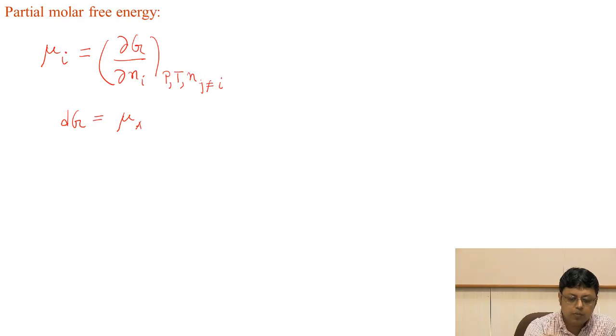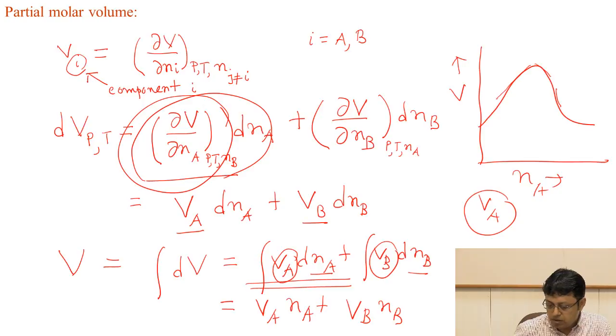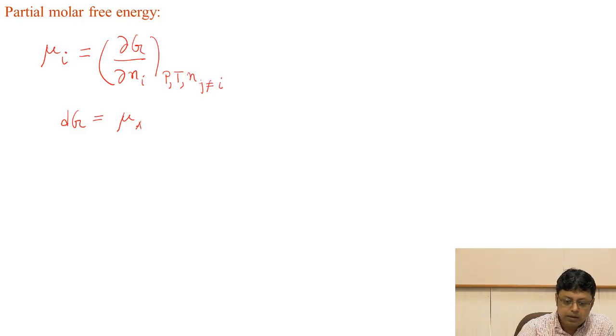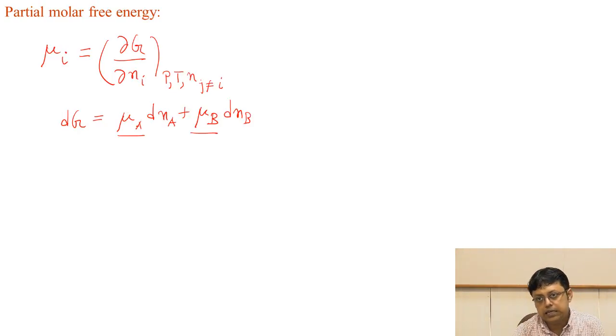Suppose we have two components, and then if you ask what will be the finite change in the dG, you can easily, in the same way, just like we did for the partial molar volume, if you remember that we showed it as VA dNA plus VB dNB, in the same way, we can write it as mu A dNA plus mu B dNB, where mu A and mu B are partial molar free energies.